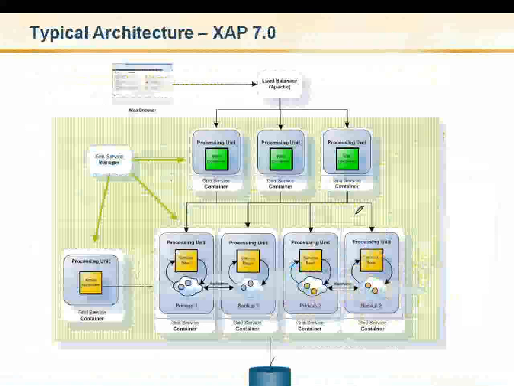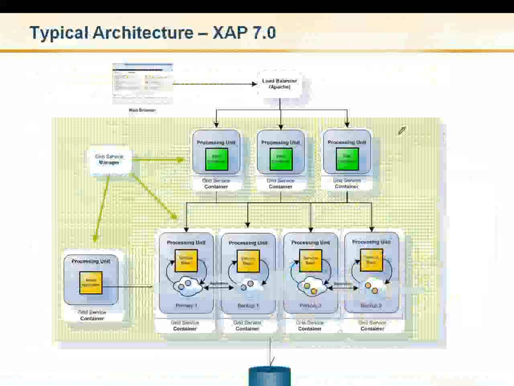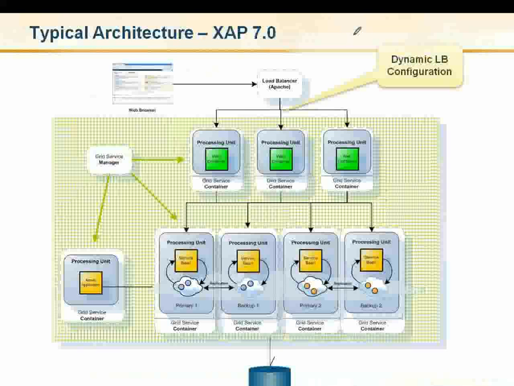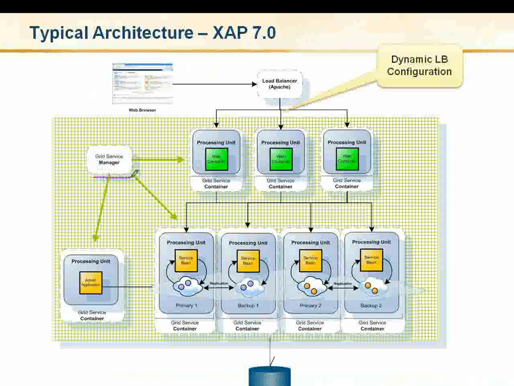The next diagram, which is going to show up on your screen in a second, describes a typical architecture of a GigaSpaces-based system. You can see that we still have the load balancer at the front end. The difference here is that, because GigaSpaces applications are deployed onto what we call the SLA-driven environment, they are constantly monitored by a grid service manager, which checks if they're alive, if they're functioning properly, and basically enables you to proactively act on the system.